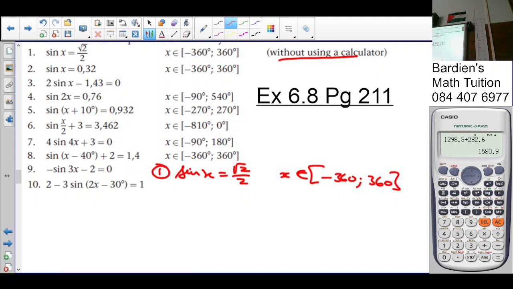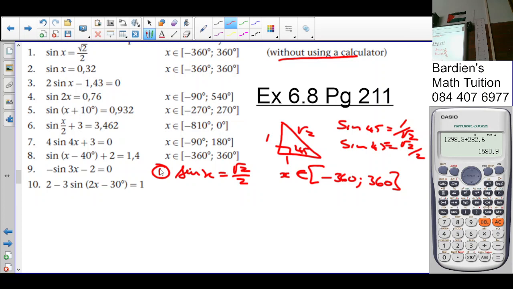We know this root 2 over 2 comes from the 45-degree angle. We know that sine of 45 is 1 over root 2, which is the same as root 2 over 2, and they have rationalized the denominator.